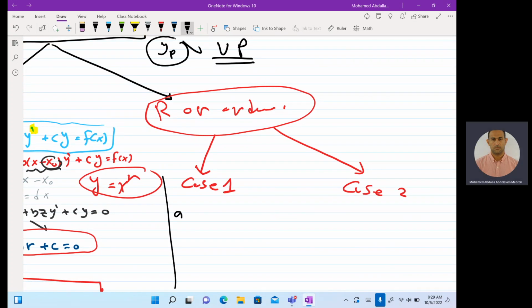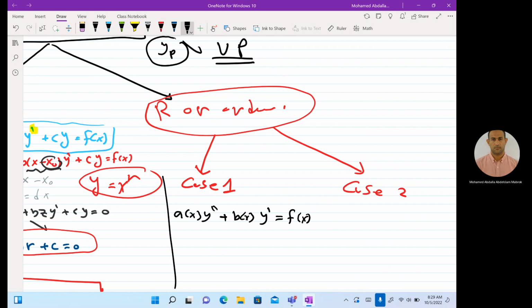When you have any A of x, y double dash, plus any B of x, y dash, equal f of x. What's not presented here is the y. Here in case one, you can say that C of x equals 0. You don't have that last term.